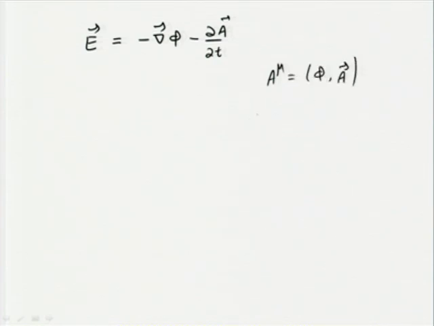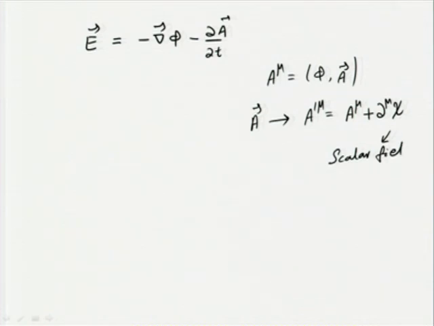When we consider the expression for the electric field, E equal to minus grad φ minus ∂/∂t of A, if I take A^μ and make a change in it to A'^μ, which is equal to the original A^μ plus four-derivative of some scalar field, chi is some scalar function.